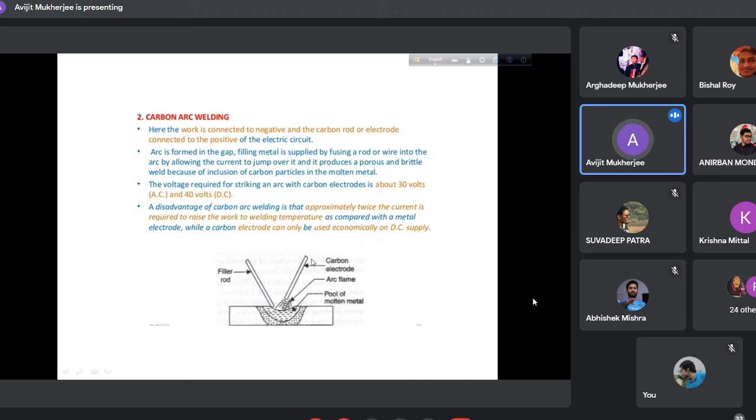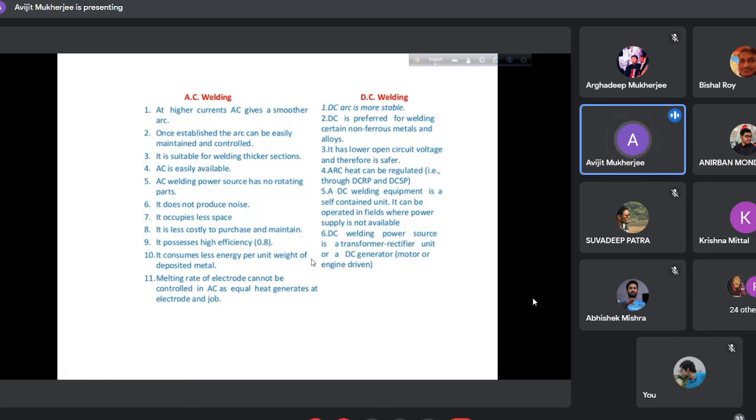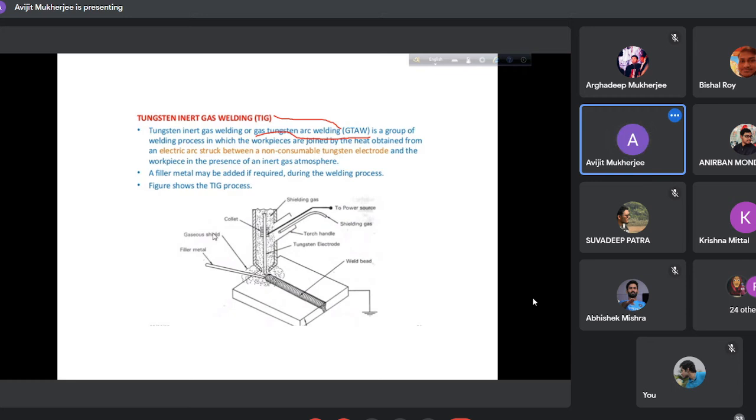Similarly, when we use a regular electrode, it is rapidly consumed, a consumable electrode. But tungsten will only help in arcing. It will not be consumed readily. That is the concept of a non-consumable electrode, but it doesn't mean it will never be consumed.